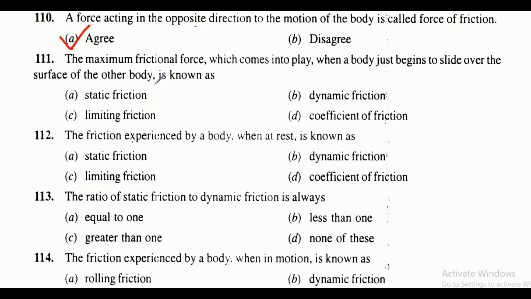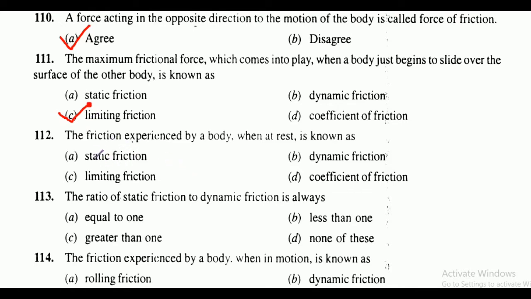The maximum frictional force which comes into play when a body just begins to slide over the surface of the other body is known as, here friends, options are static friction, dynamic friction, limiting friction, or coefficient of friction. Here friends, answer C is the correct answer for this question, that is limiting friction.